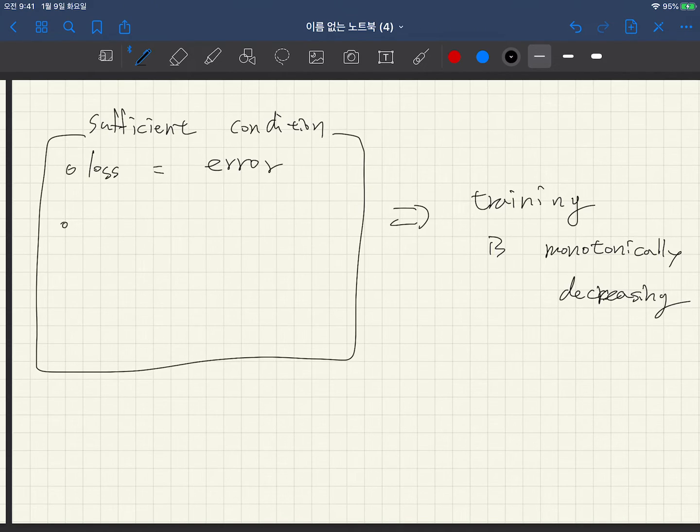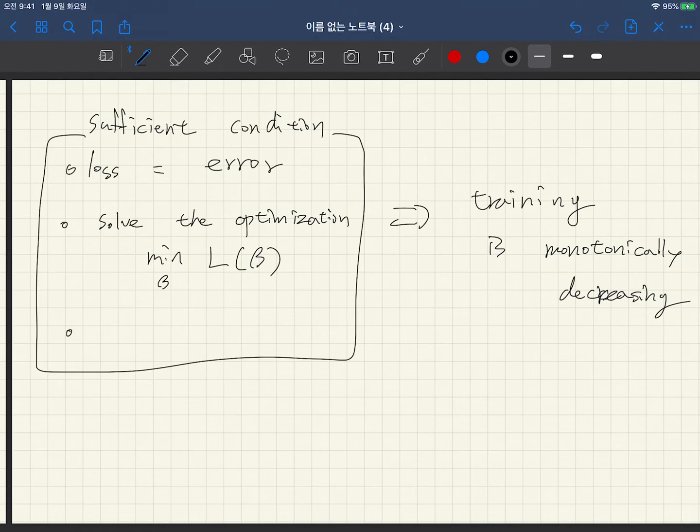The second one is that we always solve the training optimization problem, minimizing your training parameter with respect to this loss function.